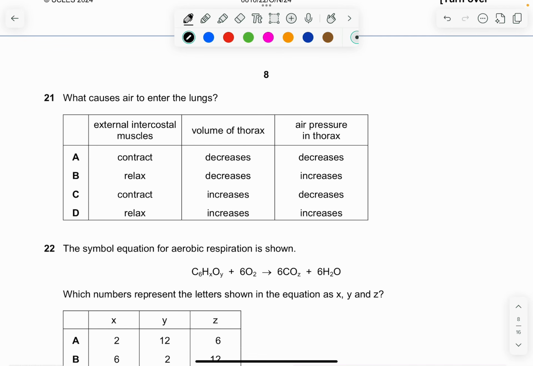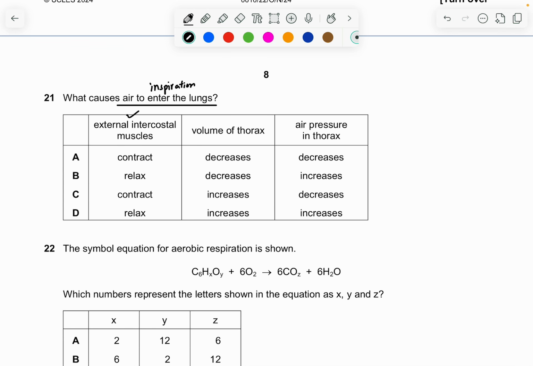Question 21. What causes air to enter the lungs? First thing, air entering is called inspiration. Let's go one by one. The external intercostal muscles contract. What happens to the volume of the thorax? Imagine you are bringing all the air into your body.